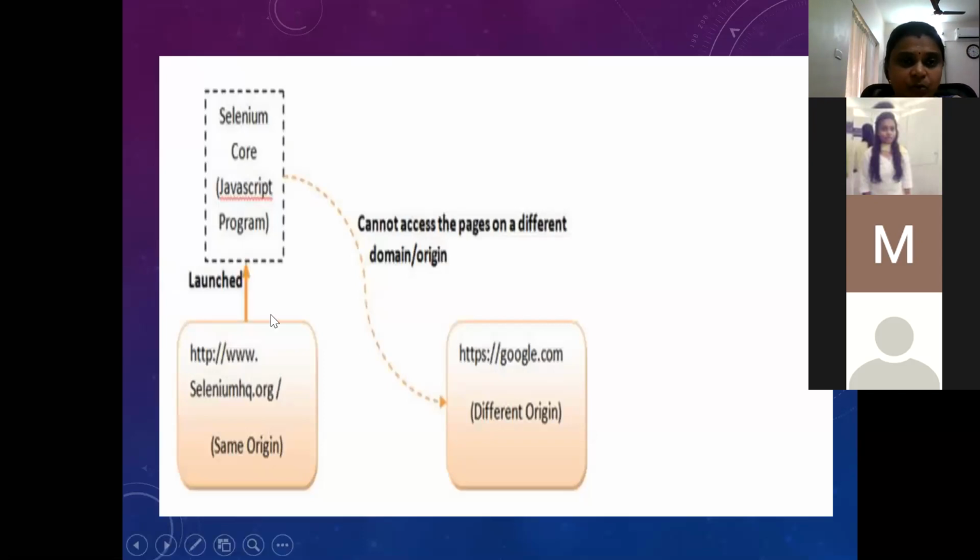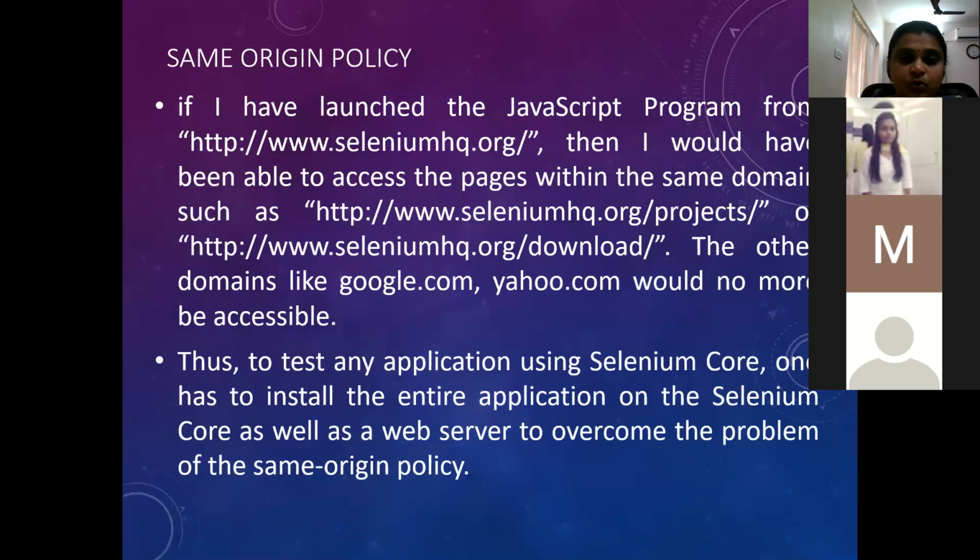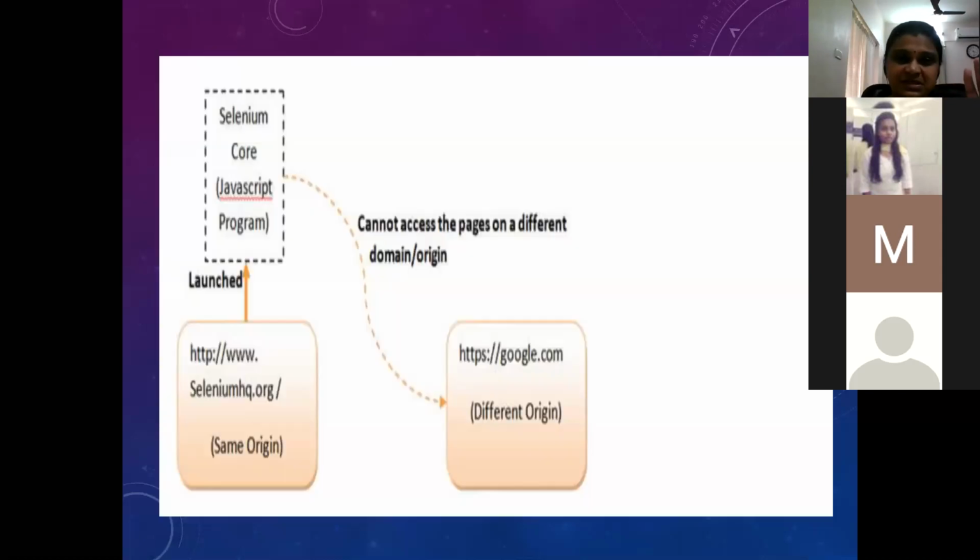This was the original issue with Selenium. Whatever is there from that same origin, we can still test. But if you want to access a Google page or a Facebook page, you again have to install that particular web server to overcome this problem. So that is very cumbersome.